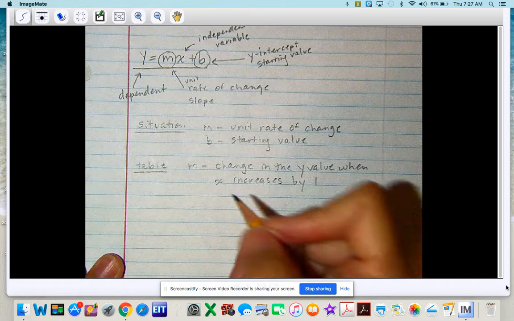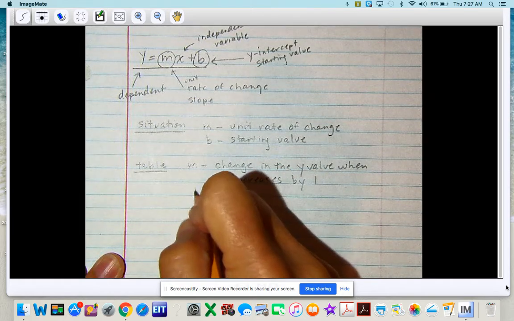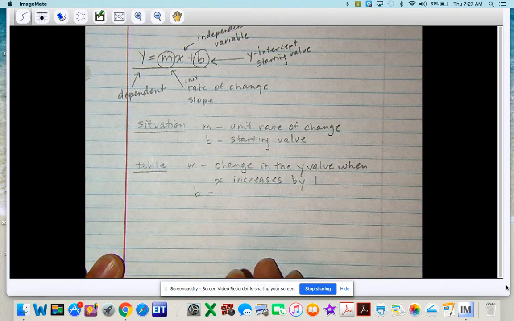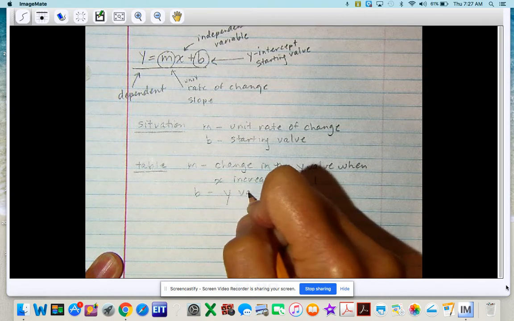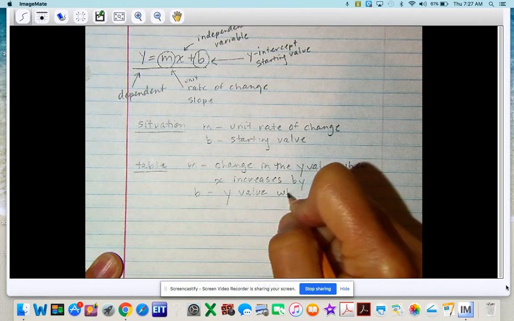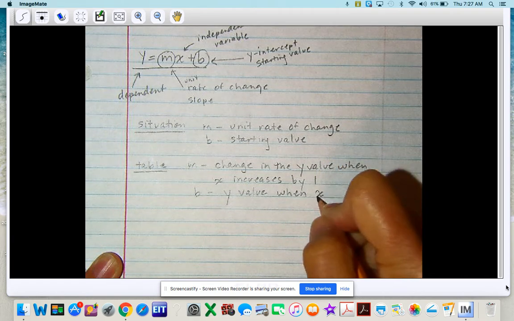Okay, where do you find the b value in a table? That's going to be the y value when x is 0.